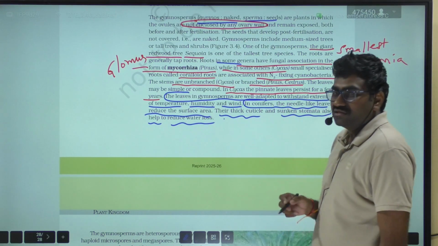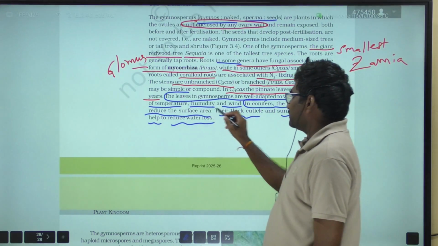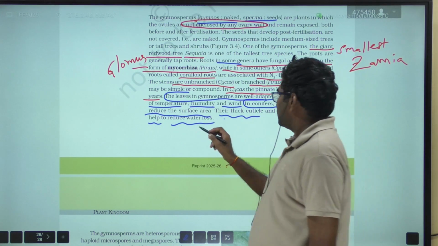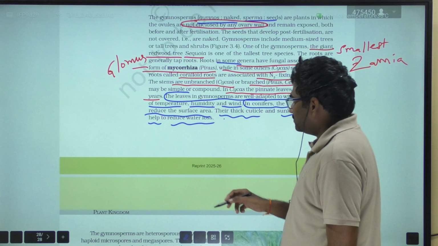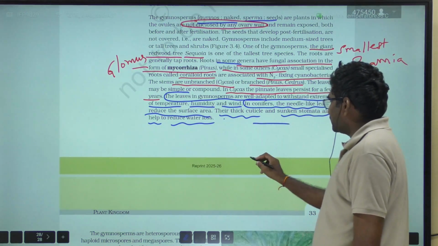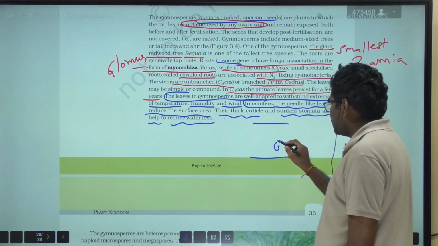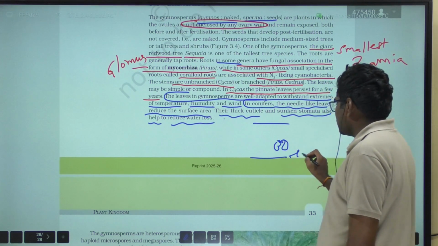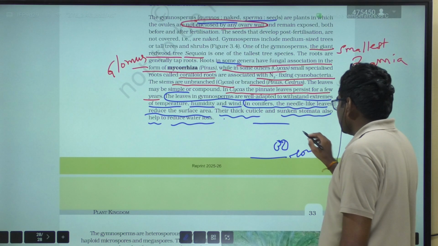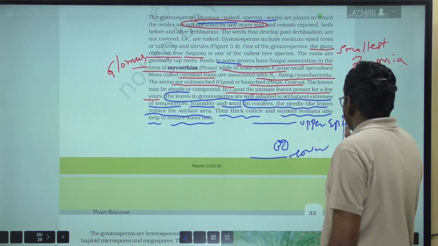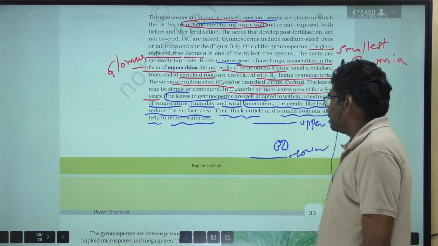The sunken stomata are present near the lower epidermis, okay.